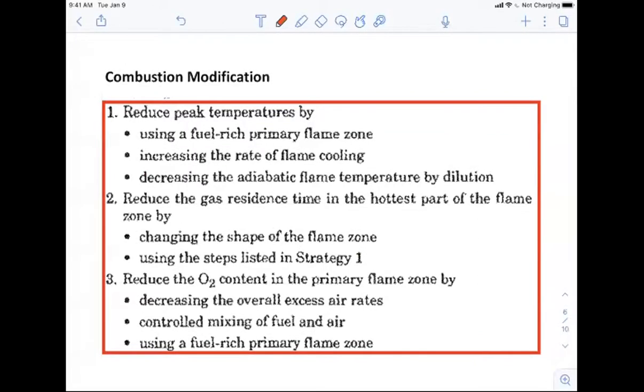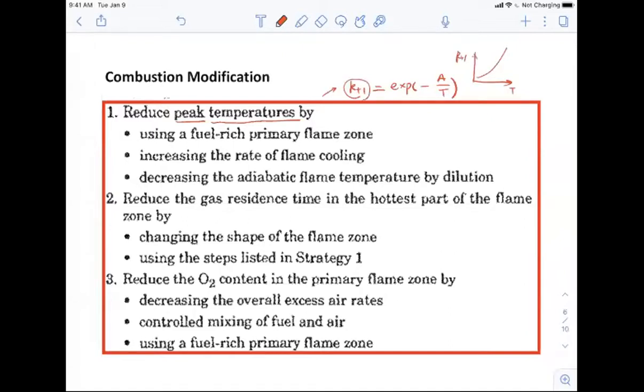Reduce the temperature, right? It specifically mentioned the peak temperature. The peak temperature is very important because if you go back to the reaction rate, if you remember the k1, the rate constant, that is a function of temperature. What that means is that this reaction rate is going to increase exponentially as a function of temperature, right?